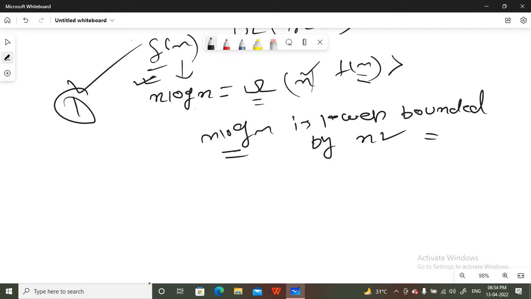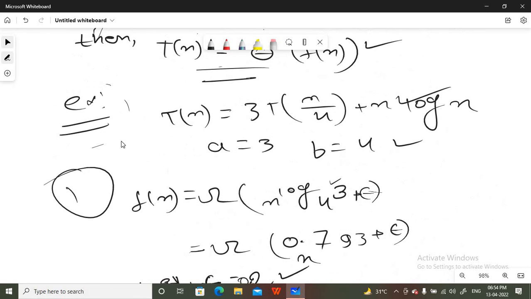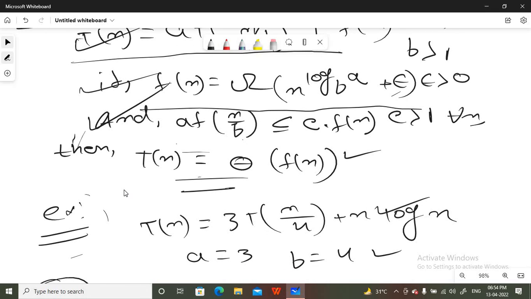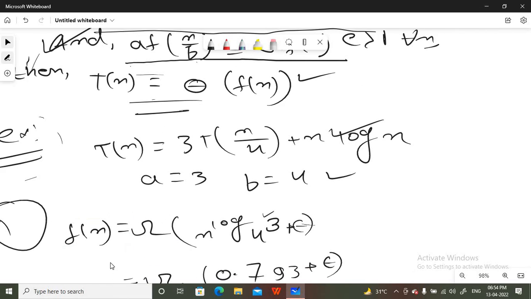Now what about the second condition? What was our second condition? The second condition was a f(n/b) less than or equal to c times f(n).